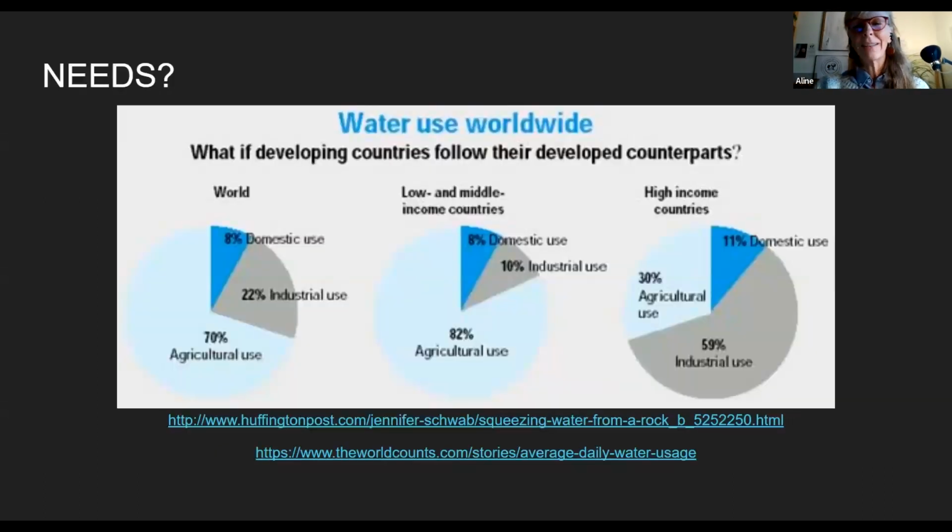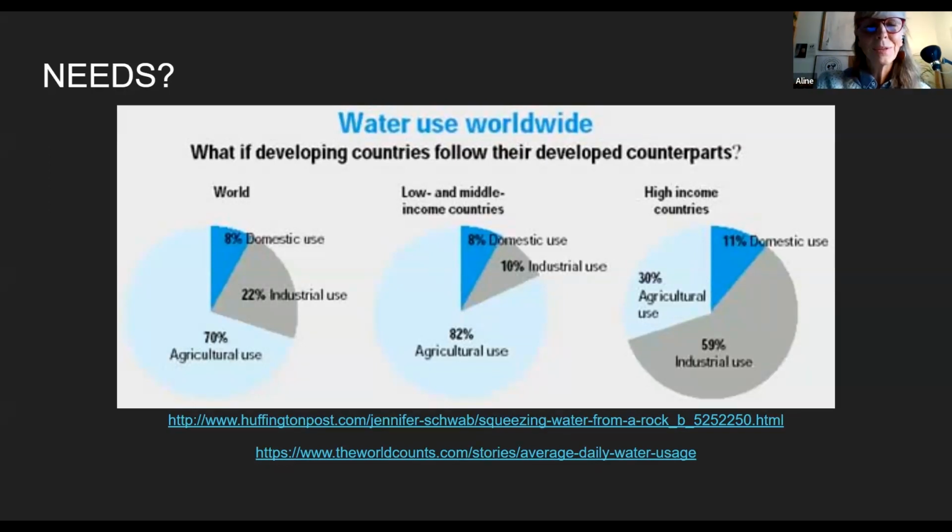Well, if you look at the world's graphics, there's only about 8 to 10% that is water that we use within our homes in the visible way, like flushing the toilet and cleaning the floors in the house and washing our dishes, etc. The smallest portion on these graphs is the use of water that we have in our households.